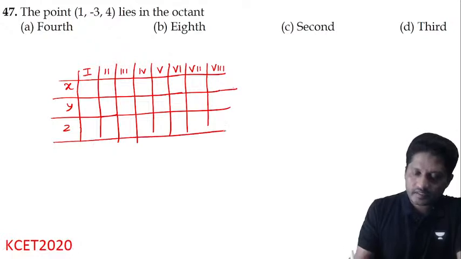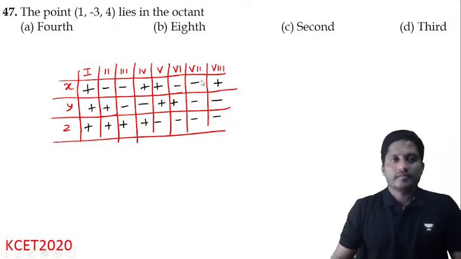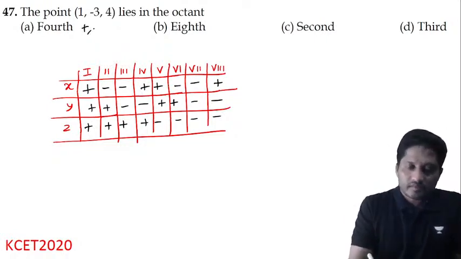Okay, remember like this: 4 plus, 4 minus, 2 plus, 2 minus. Start with plus, end with plus. 2 minus, 2 plus, 2 minus. So this is plus, minus and plus.